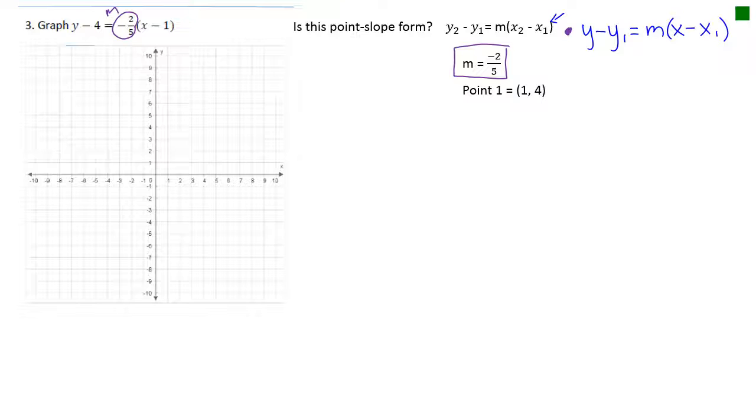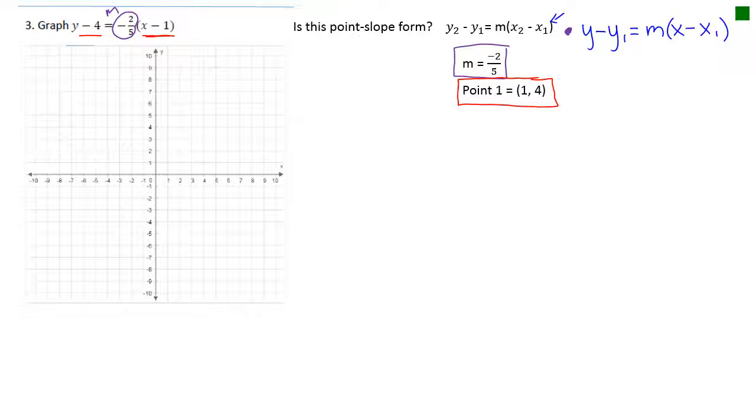Remember, your point, this is where it gets a little tricky. Your point is the opposite of what it's saying. So since this said x minus 1, since it's minus in our form, it becomes the positive. And y minus 4 is going to become positive 4. So our point is 1, 4.